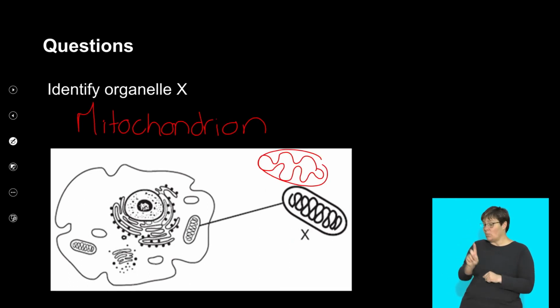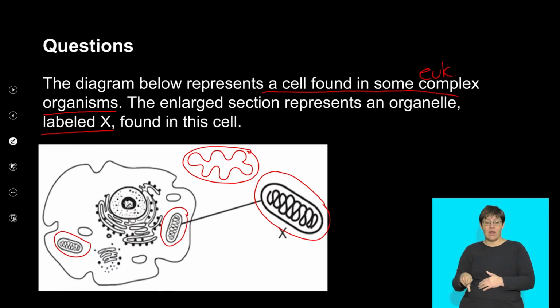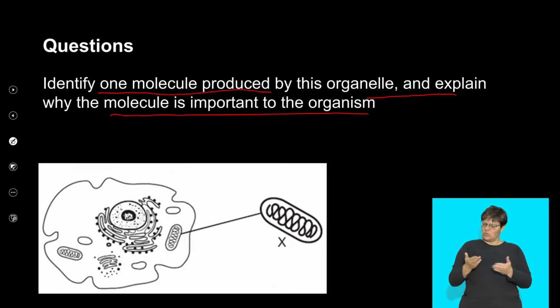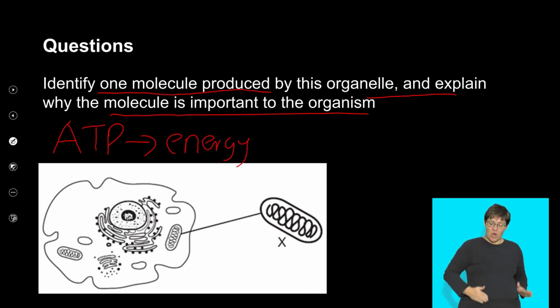Have a look over here, I'm going to go two back. It produces ATP and we need it for energy. So if I go to this question, what's the one molecule produced? ATP. And why is it important? We need it for energy for our body to work, to function.